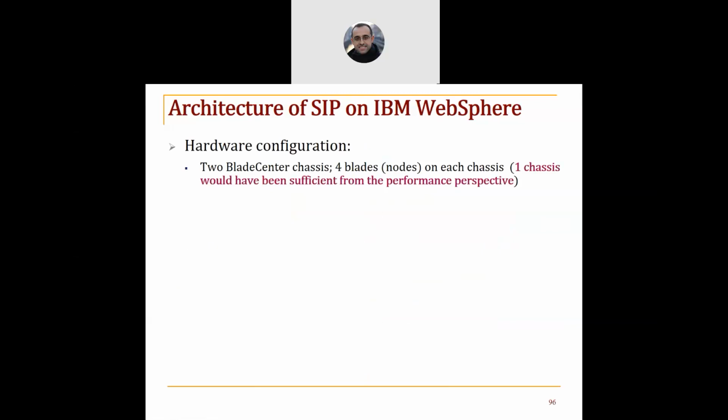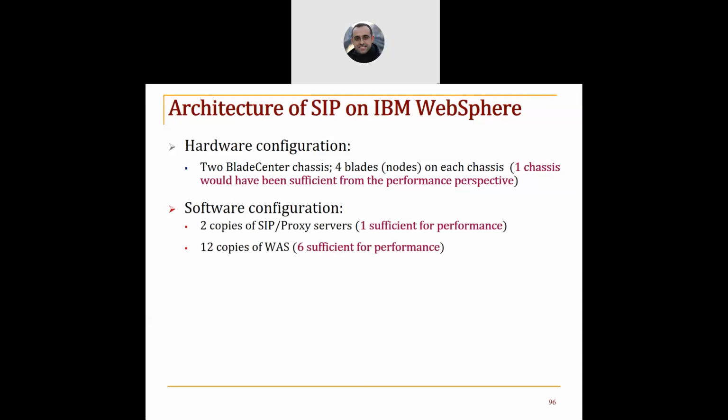Okay, so given this picture, the hardware configuration is 2 blade center chassis, with 4 blades or nodes on each chassis. They told me that one chassis would have been enough from the perspective of performance, so they're using 2 chassis for redundancy. Software configuration wise, there are 2 copies of SIP proxy, where 1 would have been sufficient for performance, and 12 copies of WebSphere application server, where 6 would have been sufficient.